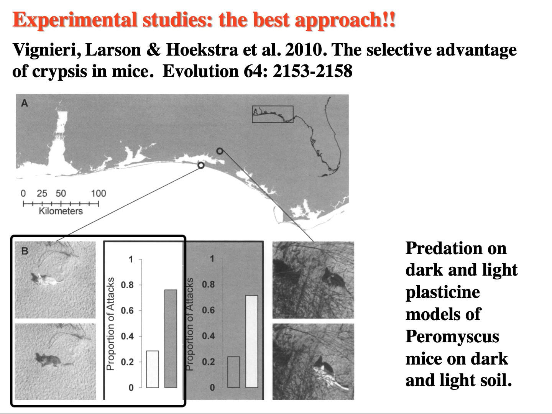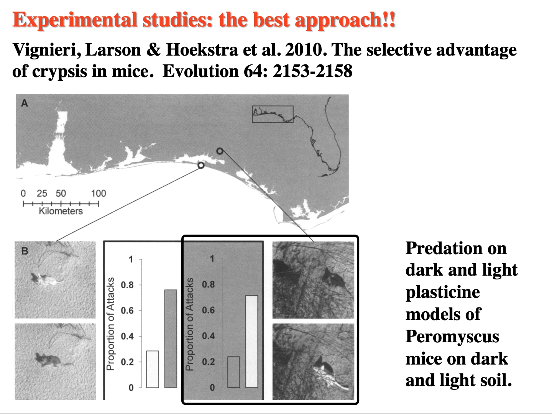So if you put a white mouse and a dark mouse on a sand, a lighter colored sand, then there are more attacks on the dark colored mouse than on the light colored mouse. But if you put the mice in a darker or mixed environment, then there are more attacks on the white mouse than on the dark mouse that looks like it's in shadows.